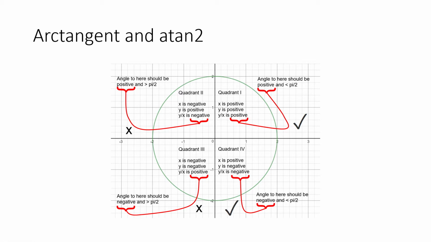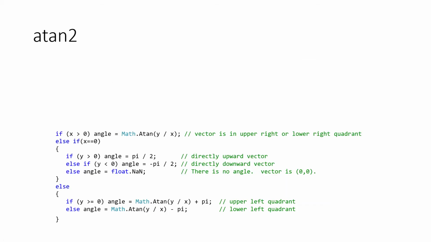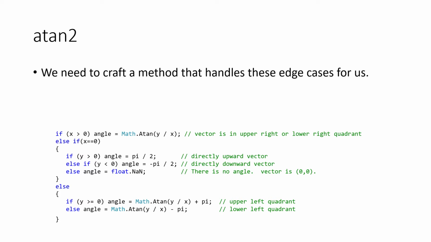So it should go from 0 to minus pi over 2 to minus pi. These should all be negative, but these are negative and these are positive. So the angles in here that it gives you will be wrong. So there's two problems.